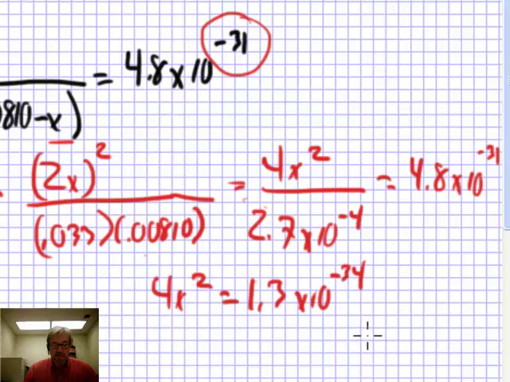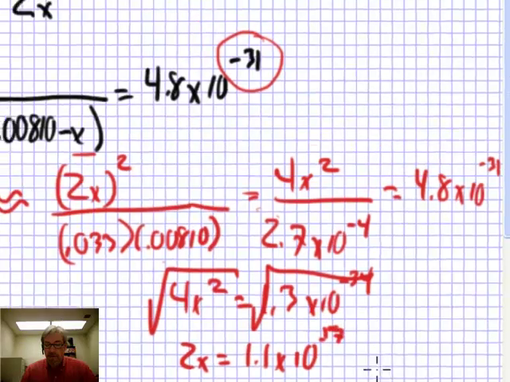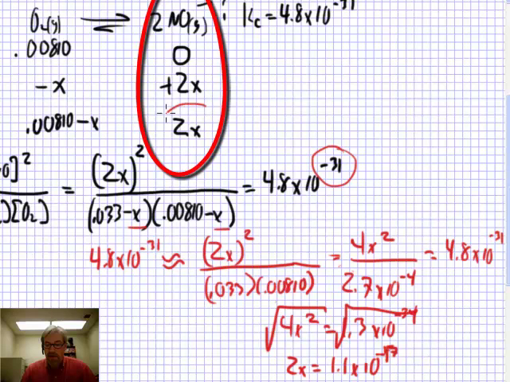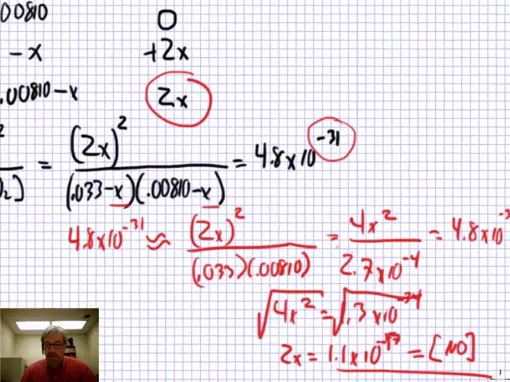So if I take the square root of both sides, I find that 2x is equal to 1.1 times 10 to the negative 17th. And what I'm trying to find is the concentration of NO at equilibrium, and that's equal to 2x. So I'm done here. The concentration of NO at equilibrium is equal to 1.1 times 10 to the minus 17th.